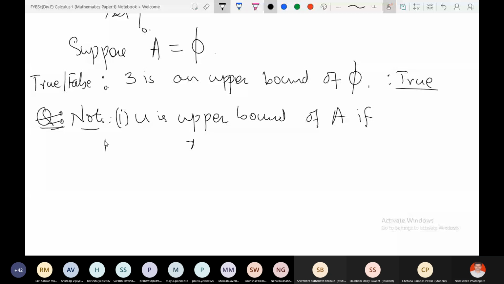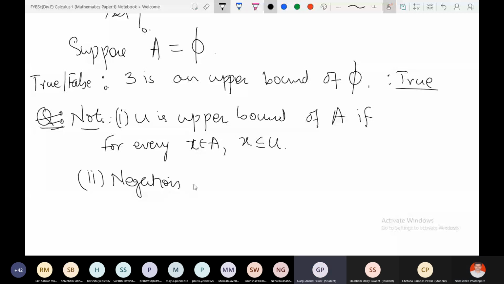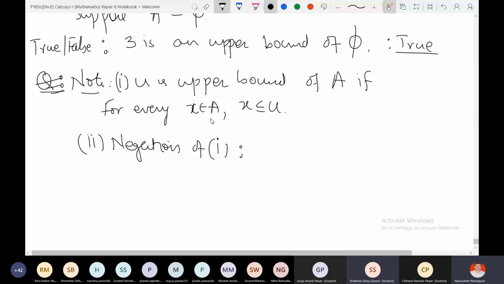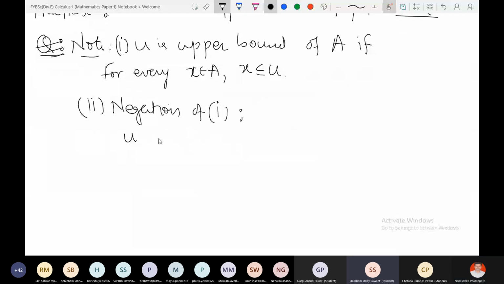For each element x in A, x is less than or equal to U. Is this true? What I am saying? Yes, sir. Okay, what is the negation? What is the negative statement of this? The negation is: there exists an x belonging to A such that U is less than x.